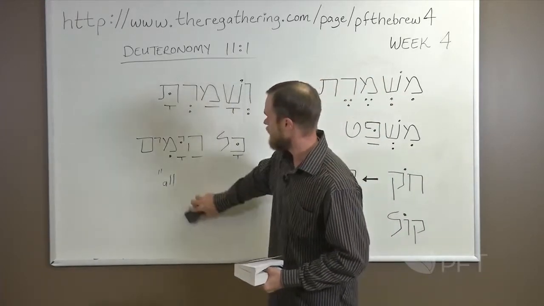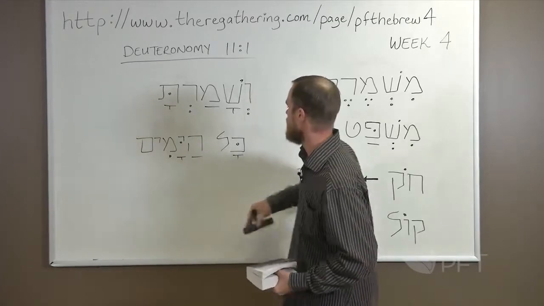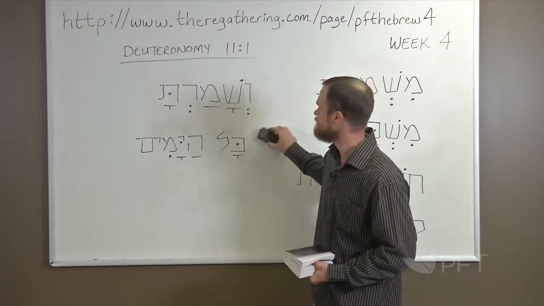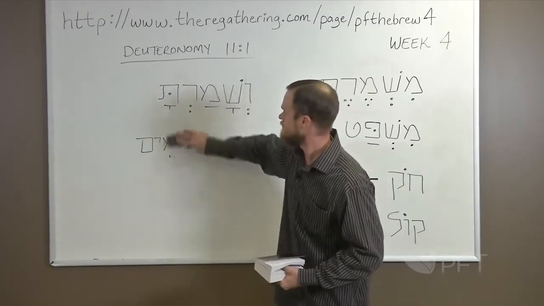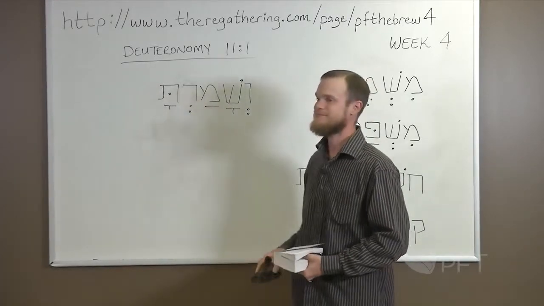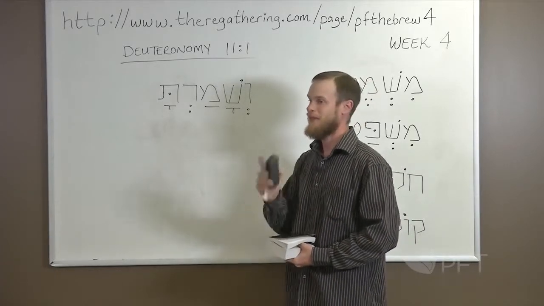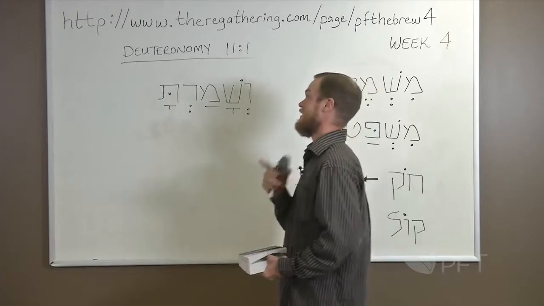Okay, so any questions about Deuteronomy 11, verse 1? It would interest you to know the first time that we're told to shamar is in Genesis 2:15, whenever we're told to keep the garden, or to dress it as it's interpreted. Yes.